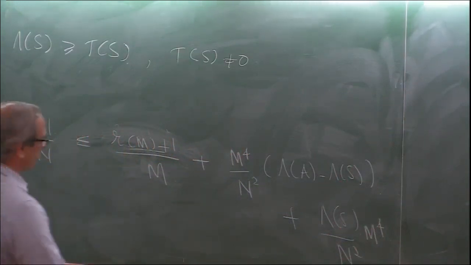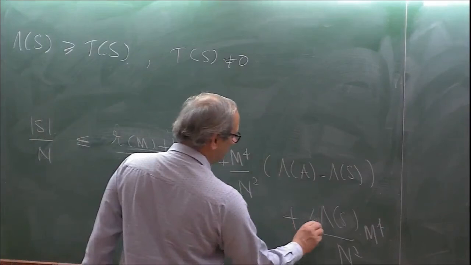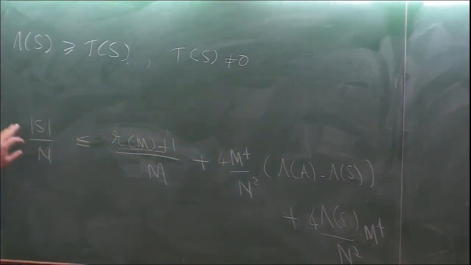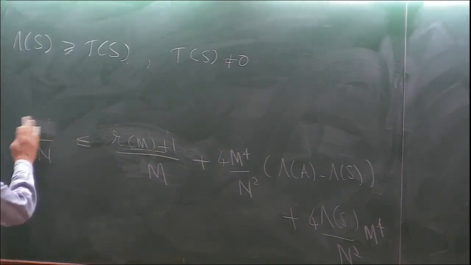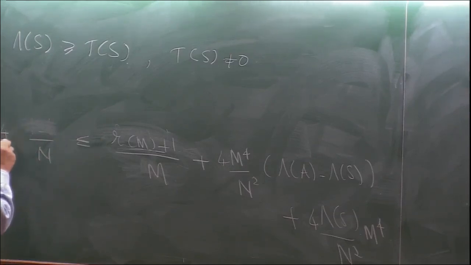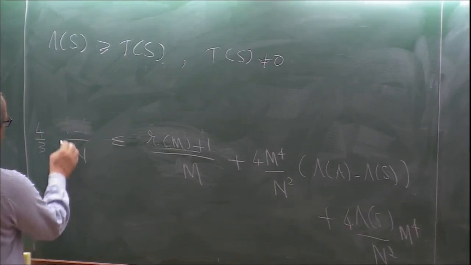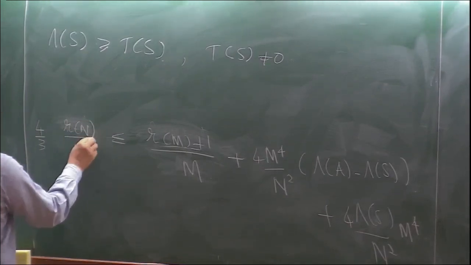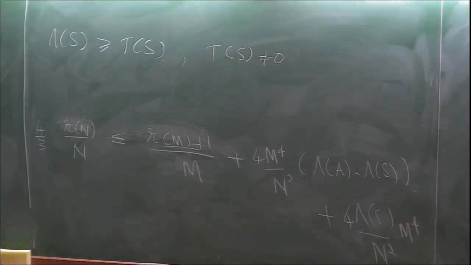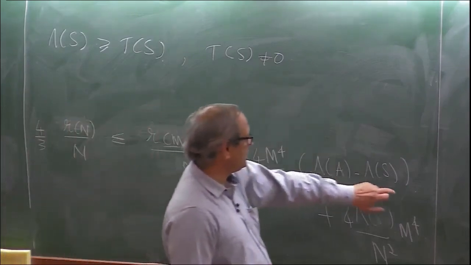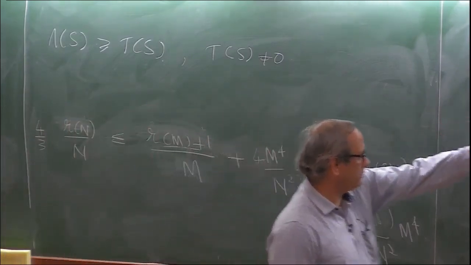Oh, there's a 4 somewhere, so 4 should be multiplied. You get this from Varnavedes inequality. Now here, cardinality of S is bigger than 4/3 cardinality of A, and cardinality of A by N, so this is just R n here. Now this difference is what we have bounded as f and g.